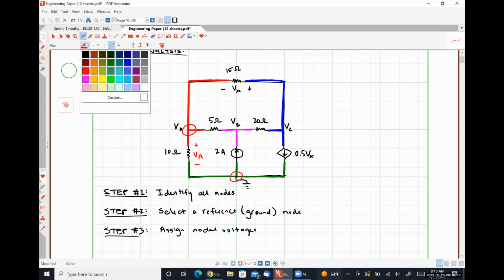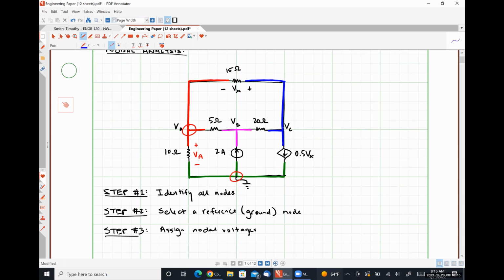Similarly, VC is the potential difference between these 2 points, which would be the voltage drop across our dependent current source, positive polarity on top. Okay.